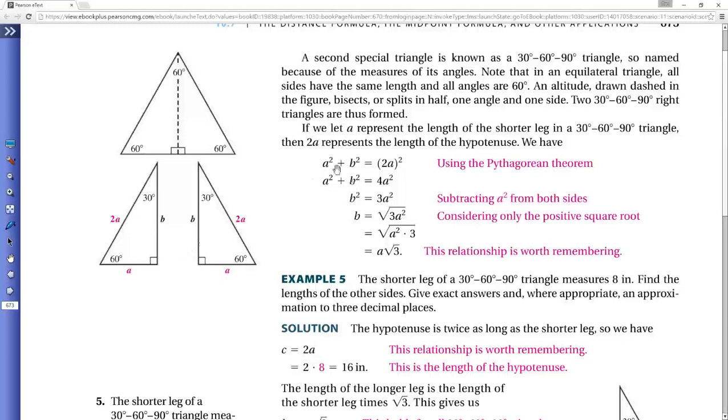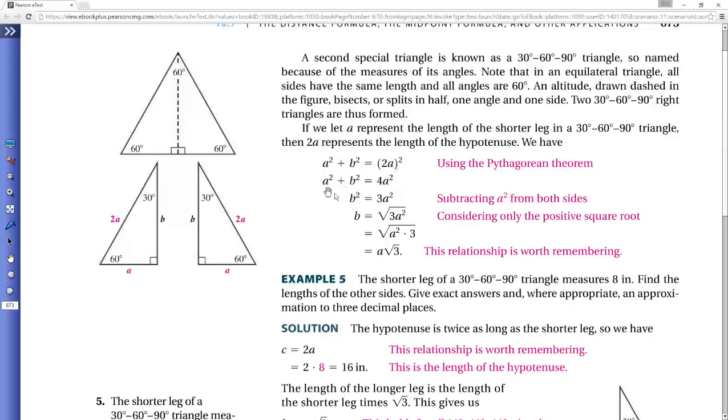So they put this in and they say, well, I have A squared plus B squared equals C squared, that was Pythagorean's theorem. But we've already determined that we started with this equilateral triangle, so this hypotenuse has to be 2A. So we can put in here C is really 2A, so it's 2A to the 2 power.